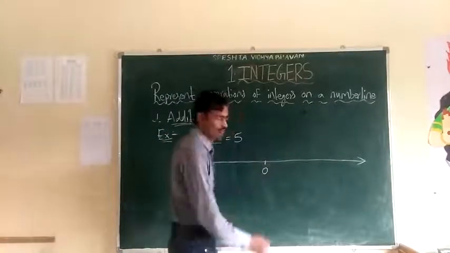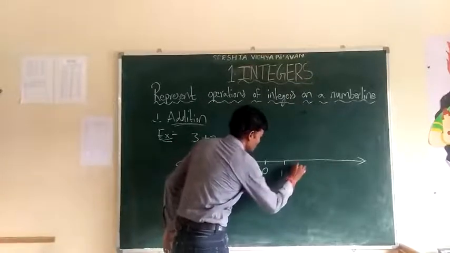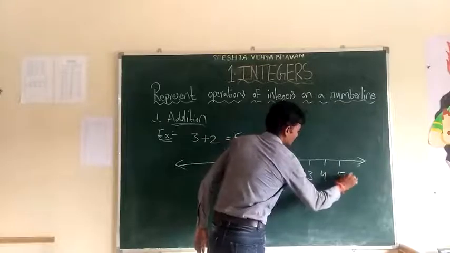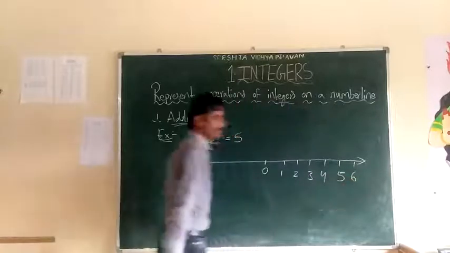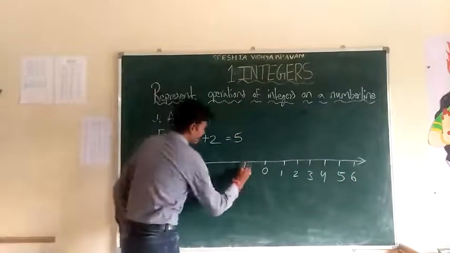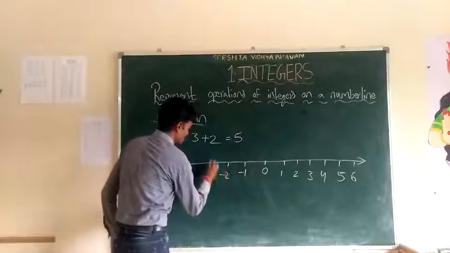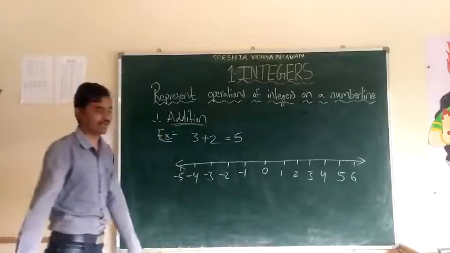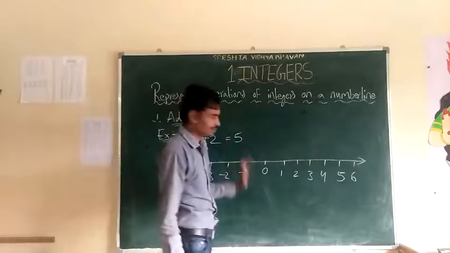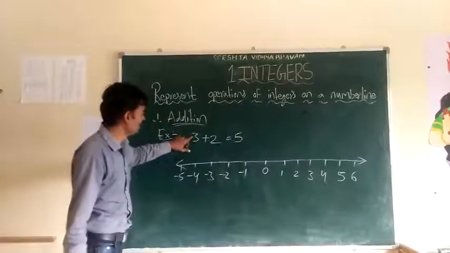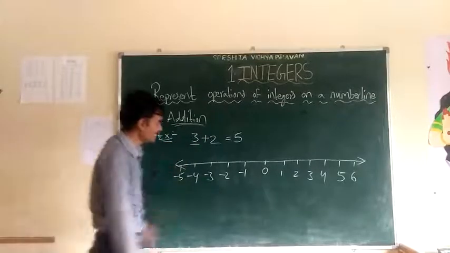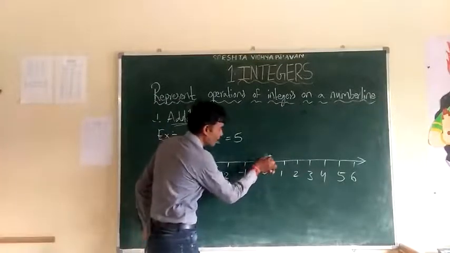The right side of the number line has positive integers, and the left side of the number line has negative integers, with an equal number of parts. Like that, first of all, the number 3. Where is it? It is on the positive side.